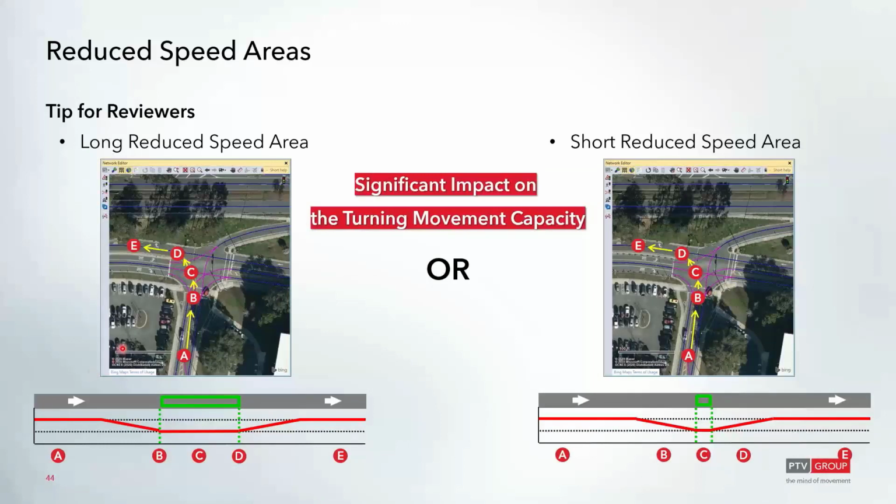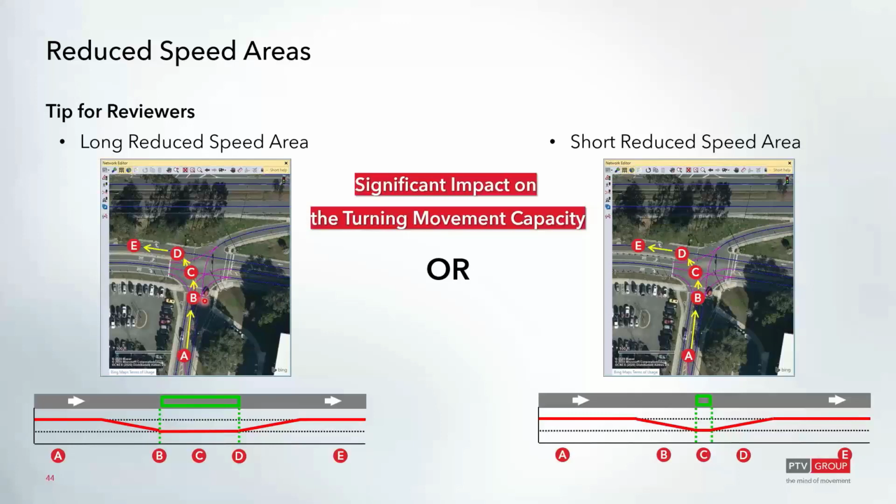So here again, we have that longer reduced speed area here on the left-hand side. And so due to that length, you'll see that as vehicles are approaching that reduced speed area, they're going to look ahead and see what that speed is set to. And so the vehicles are going to start decelerating pretty early on, in order to reach that speed by the time they reach that reduced speed area.